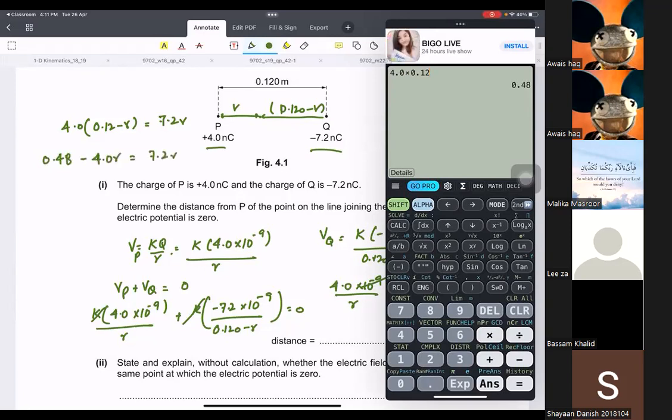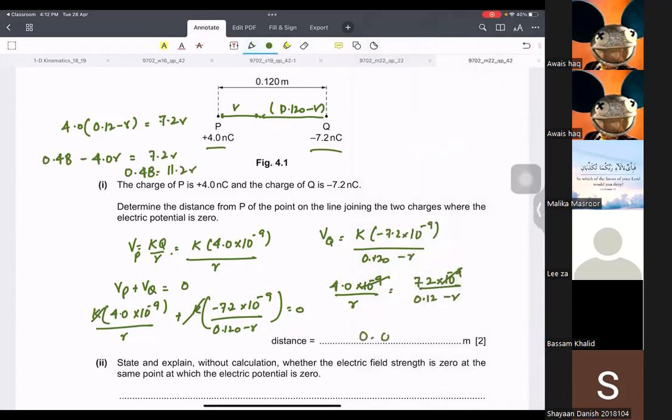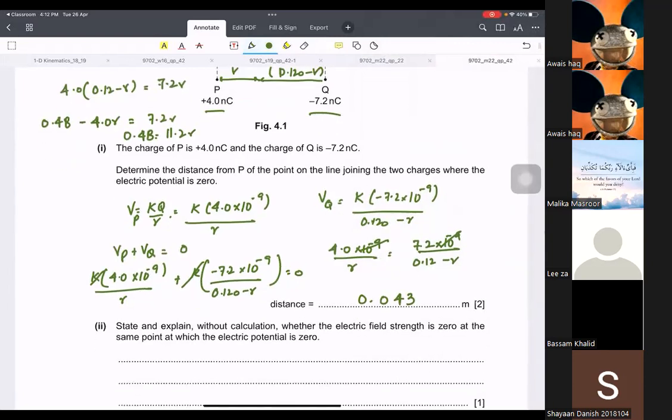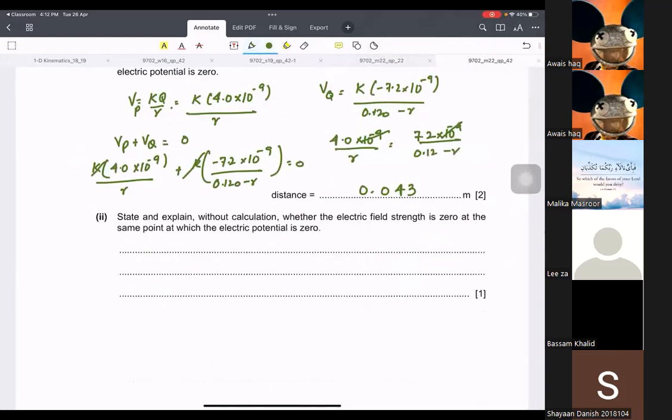Now it's right. So it will add up, 7.2 plus 4 is 11.2. How much is it coming to? 0.0443. Okay, very good.